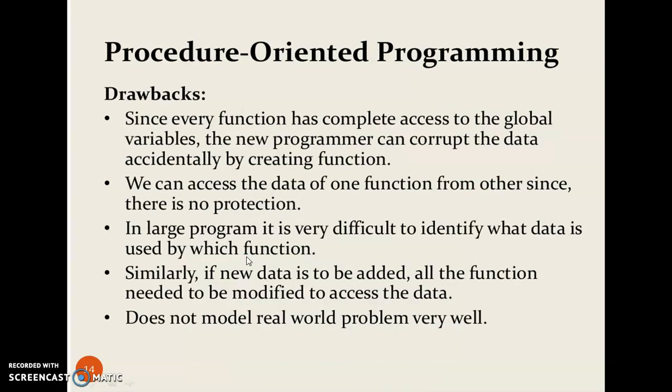What are the drawbacks of procedure-oriented programming? Since every function has complete access to the global variables, a new programmer can corrupt the data accidentally by creating a function. It can access the data of one function from another function, so there is no protection of the data. So there is no security in data.